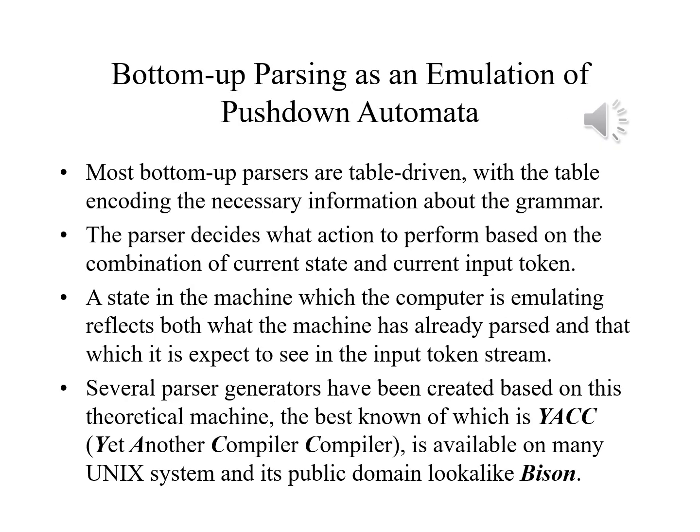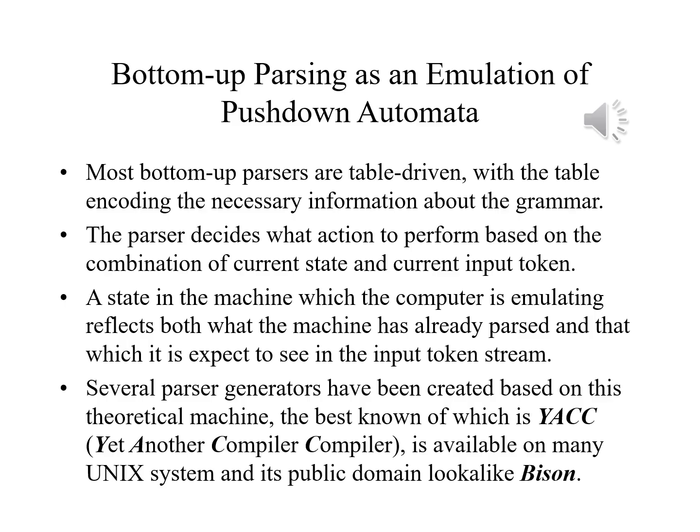Most bottom-up parsers are table-driven. The table has encoded in it all the information that you need about the grammar. This means that you can use the same driver each and every time, with the only changes being stored in the table. The action will depend on the current state and on the current input token.